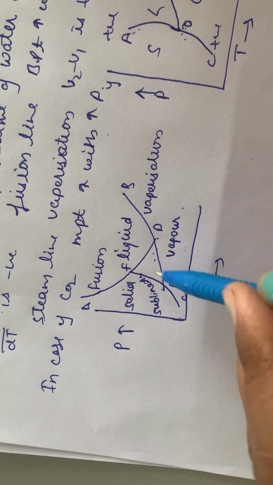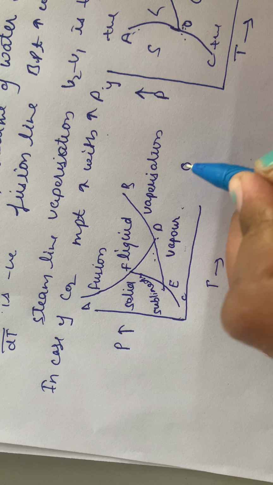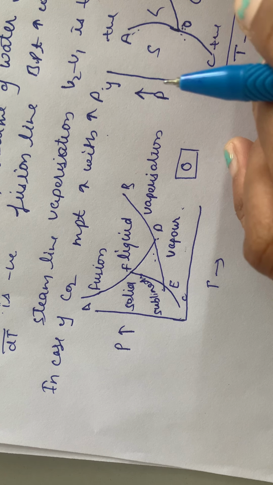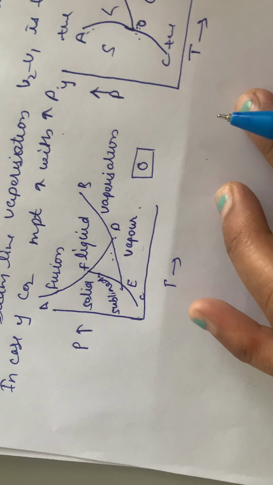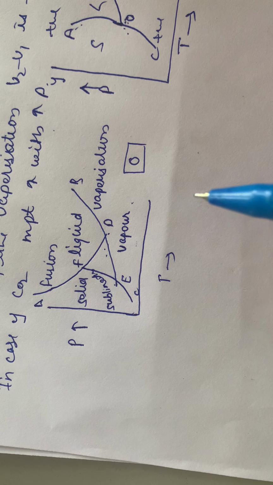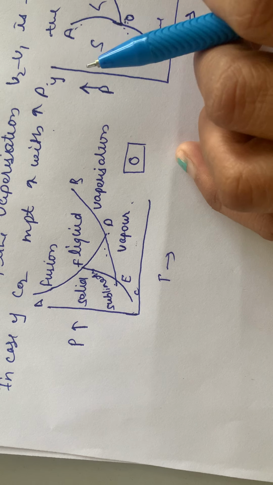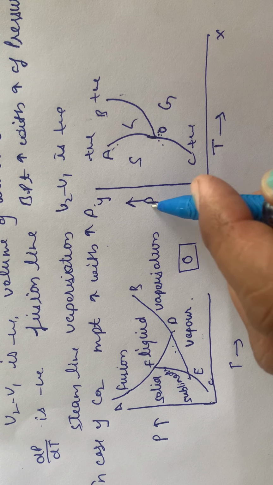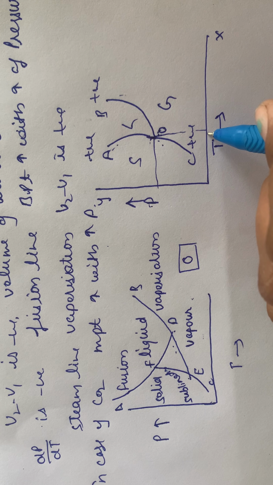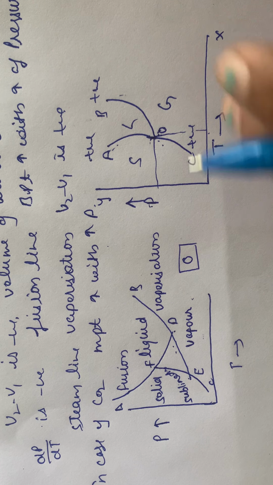Hence, all the three lines must meet at a single point O, called the triple point. It is clear from the phase diagram that there can be only one pressure and one temperature where a substance can exist simultaneously in solid, liquid, and gaseous state.